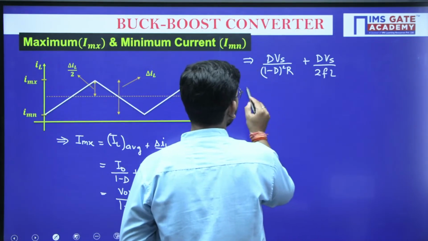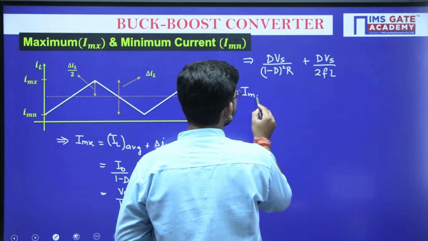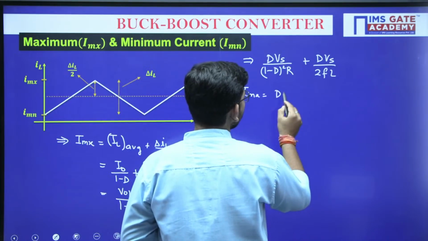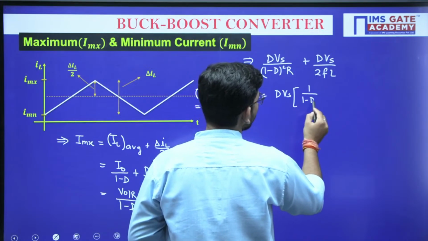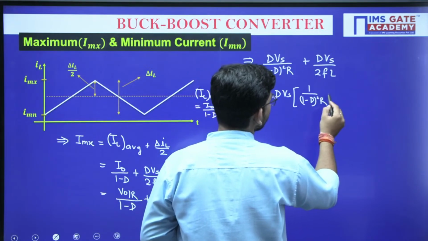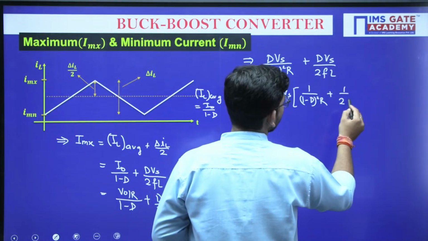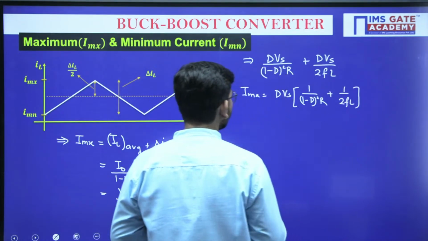Or we can take D Vs as common, and I max will be equal to D Vs times 1 upon 1 minus D square into R plus 1 upon 2FL. So that will be the maximum value.